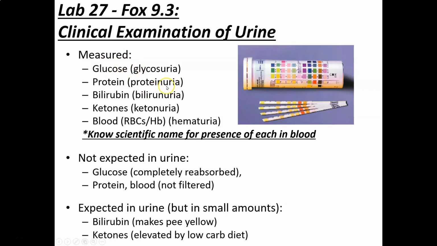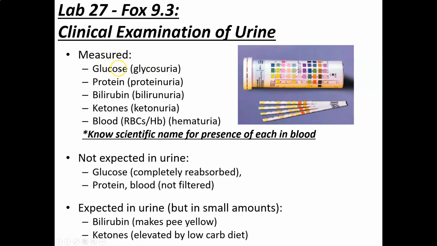And so these 5 things we looked at for our urine would be glucose, protein, bilirubin, and ketones. So all of these tend to be very little in urine. We don't expect to have much or any at all, if possible.